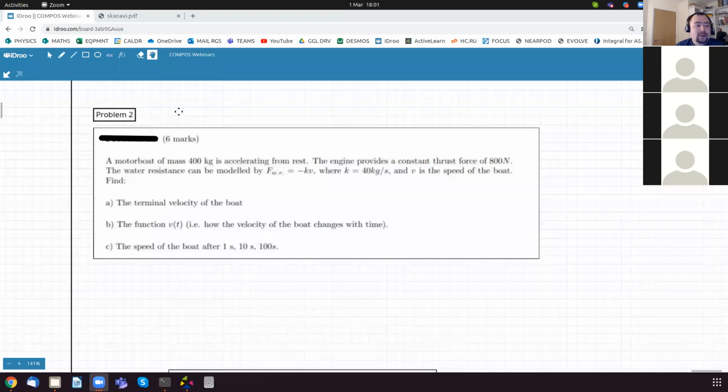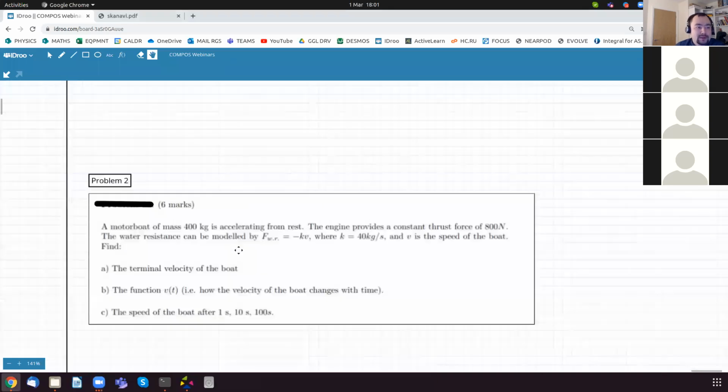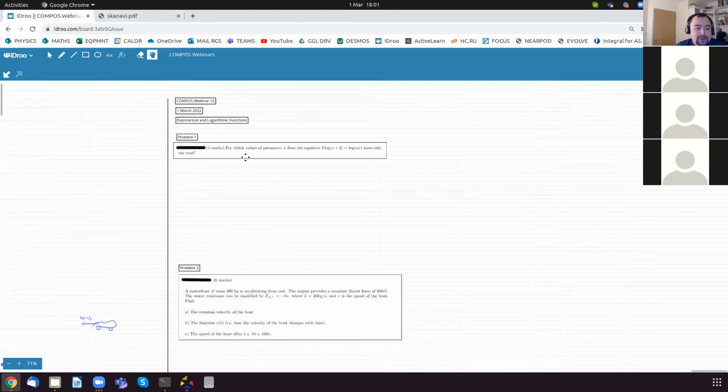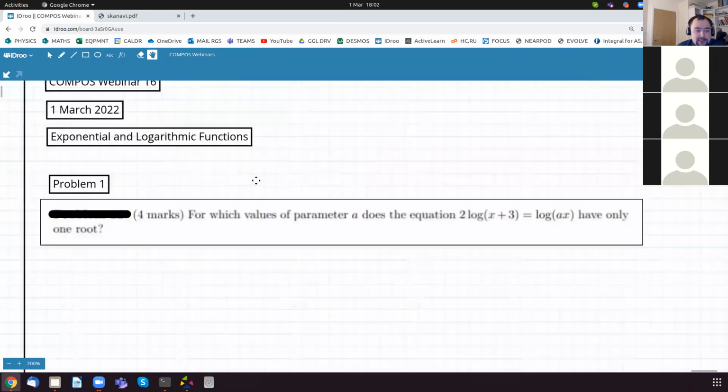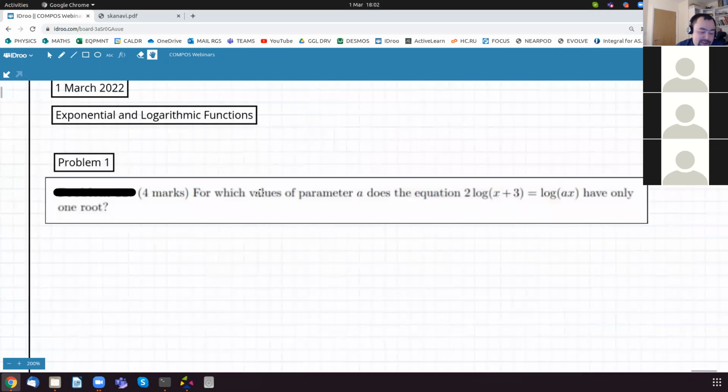So I'm going to share my screen. Okay, so the first question is an equation. We don't have many equations in the assignment, but this is a very interesting one.